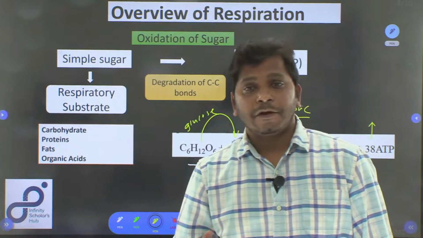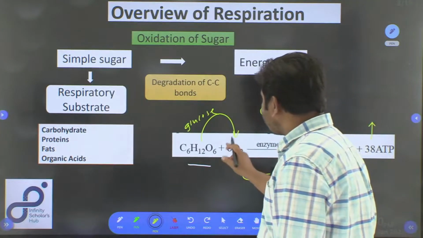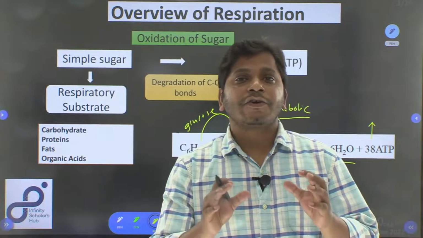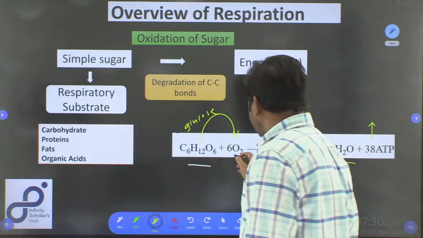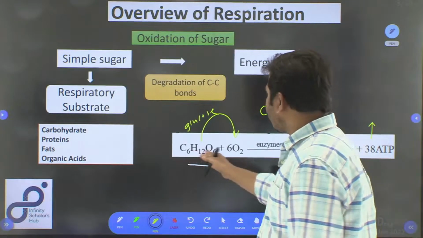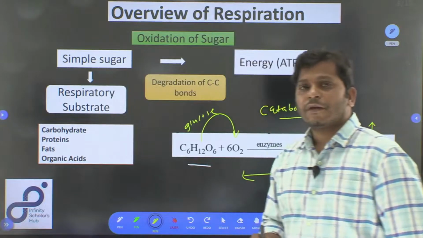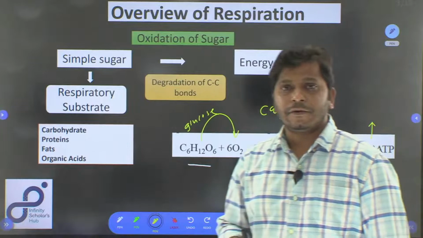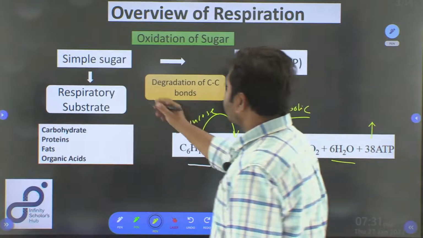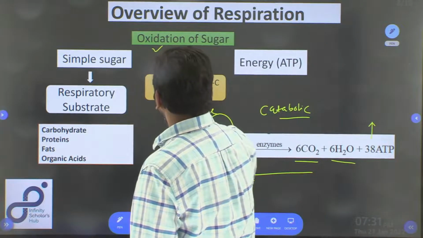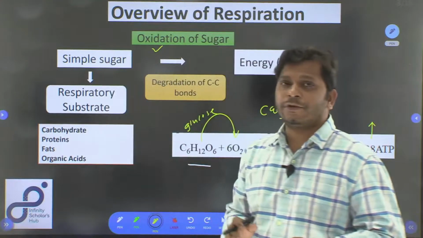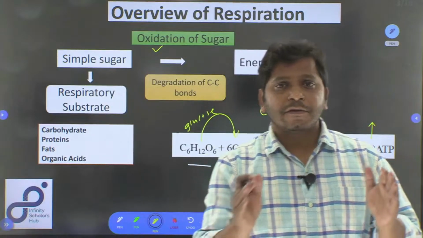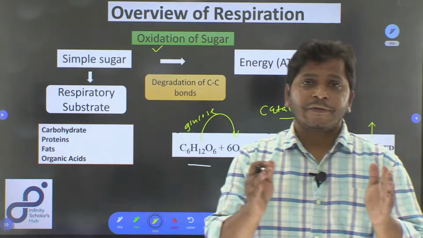And this reaction, the respiration reaction, is simply called an oxidation process, because in this process the glucose molecule is oxidized, and they produce carbon dioxide and water. So this is the oxidation of sugar, and that oxidation of sugar leads to the degradation of carbon-carbon bonds, because glucose is a combination of carbon-carbon bonds.